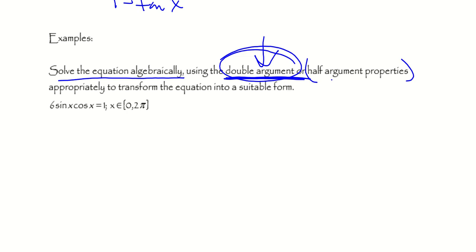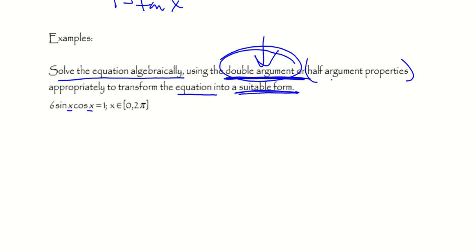So we want to use those double argument properties in order to transform the equation into a suitable form. A suitable form would be a form that would help me solve for x. And my problem here is that I have x showing up twice and in 2 different functions. If I can get x into one type of function, life is just going to be easier.